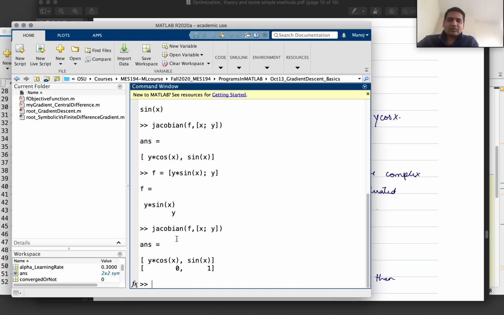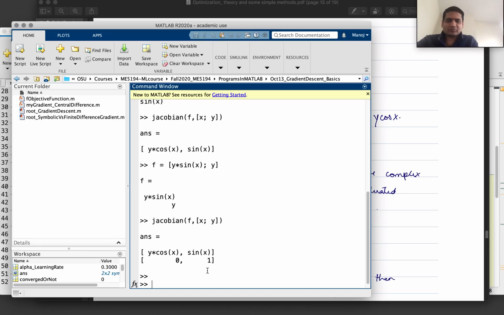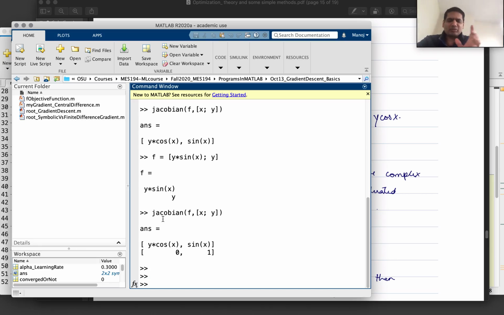The gradient of the first element of f with respect to x and y is the first row, and the second element is the second row. Okay, so Jacobian is a bit more general, but basically it gives you the gradient. Okay, so that's how you evaluate the gradient of the Jacobian.